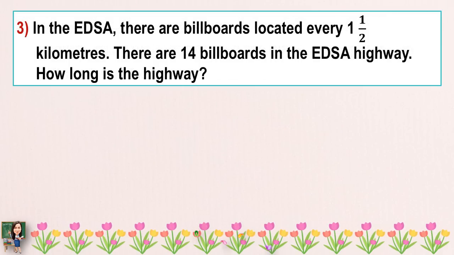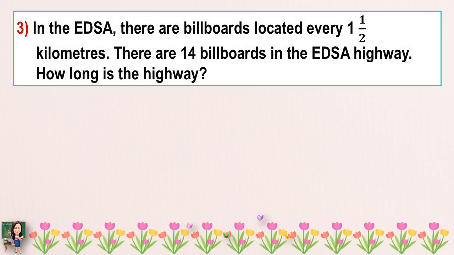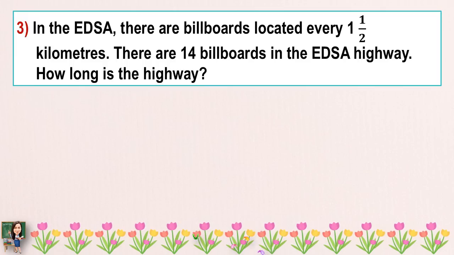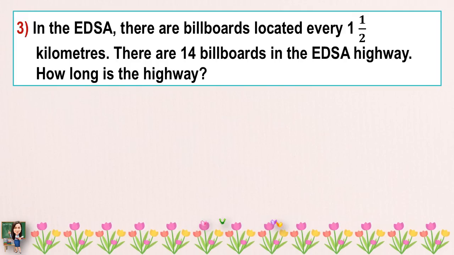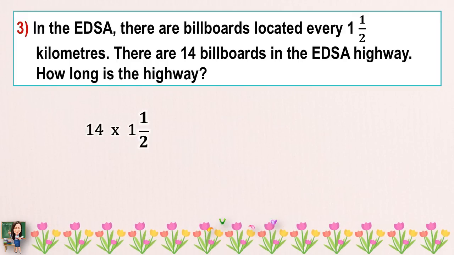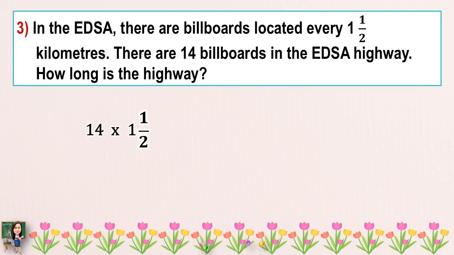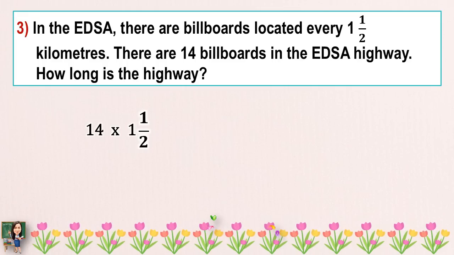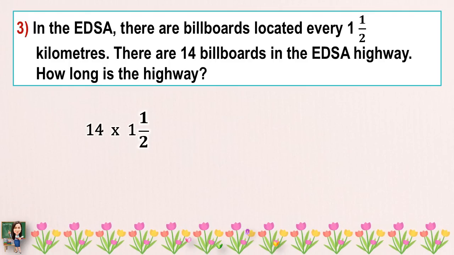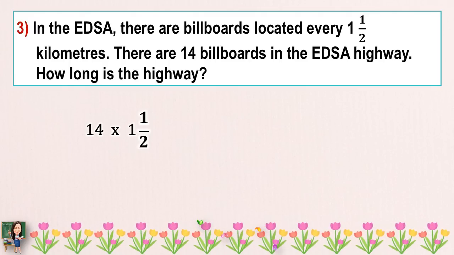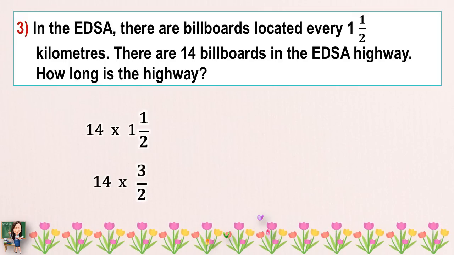Number 3. In EDSA, there are billboards located every 1 1/2 kilometers. There are 14 billboards on the EDSA highway. How long is the highway? Multiply 14, which is the number of billboards on EDSA, by 1 1/2, the distance between billboards in kilometers. Change the mixed number into an improper fraction. 2 times 1 plus 1 equals 3 over 2.